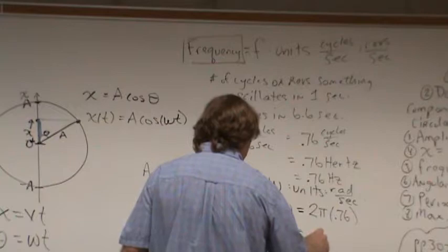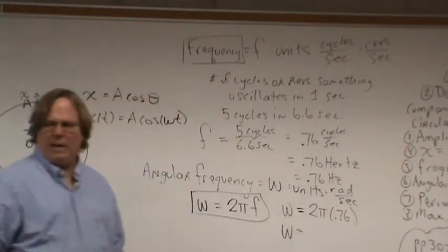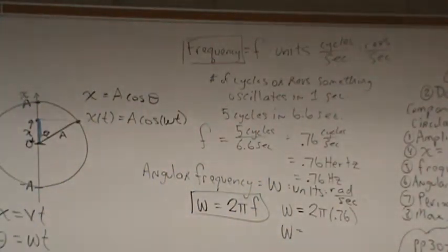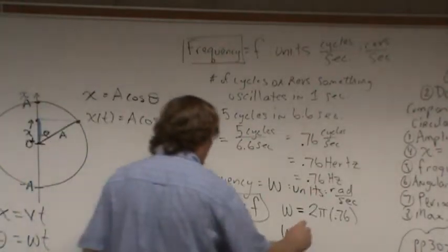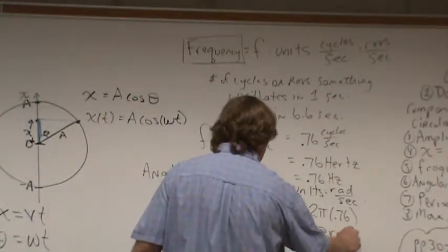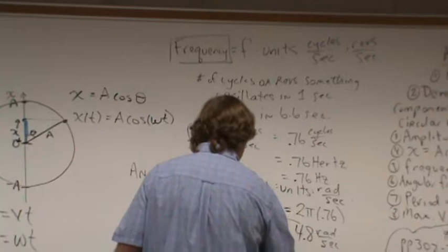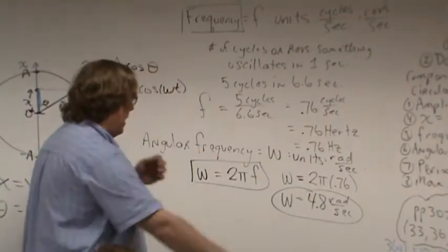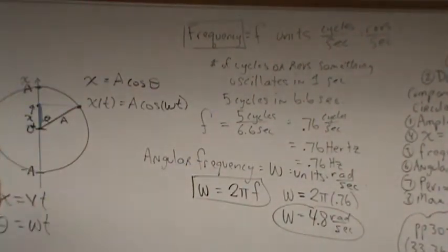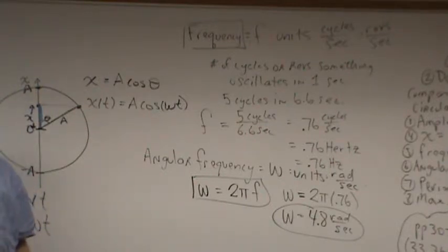So my omega ends up being, what is that, 4.8? Yeah, 4.8 radians per second. 2 pi radians per revolution times 0.76 revolutions per second. Okay, so that's omega, the angular frequency.